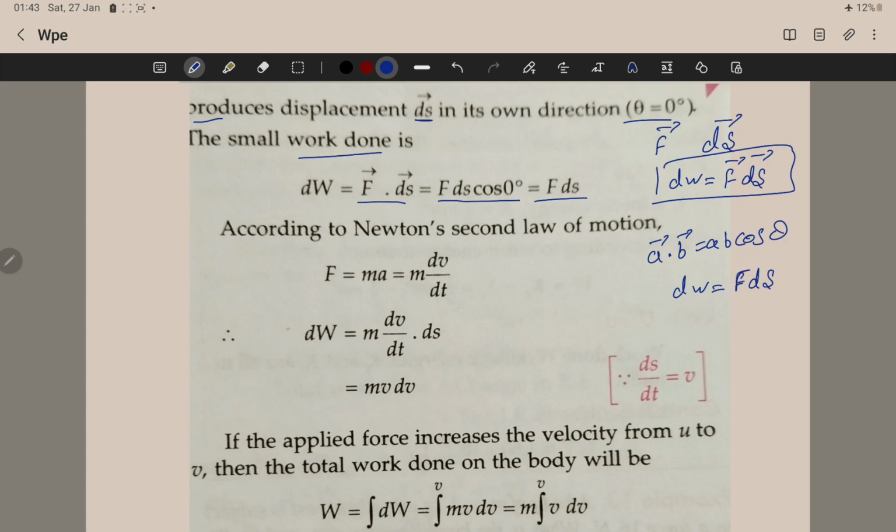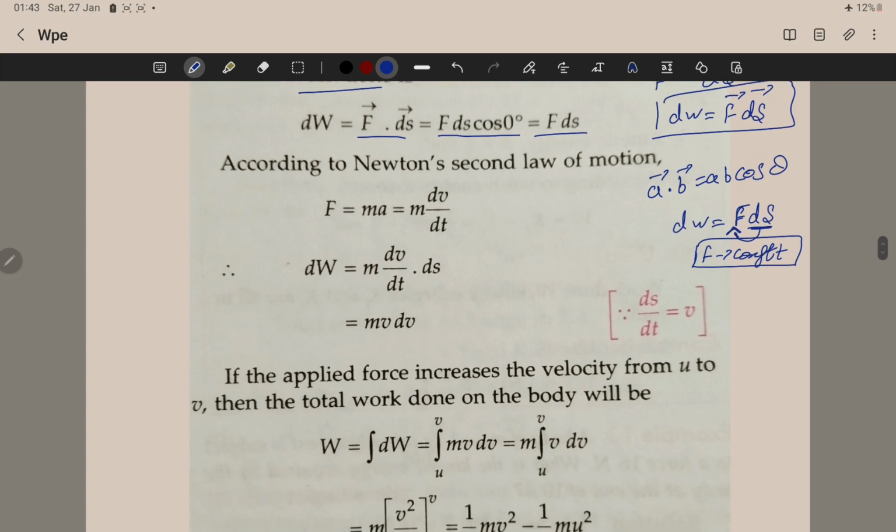So for this small displacement, we can consider this force as constant. I told you that if the displacement is very small, then the force requires some time to change, because this force is a function of time. This force is mass into acceleration, mass is constant, and acceleration is velocity by time.